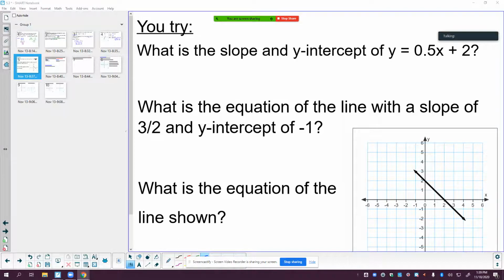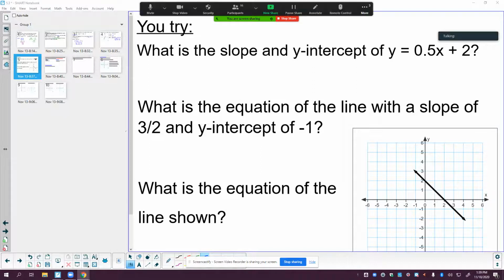I was looking at y equals mx plus b, which one goes in for m and which one goes in for b. So you can figure out.